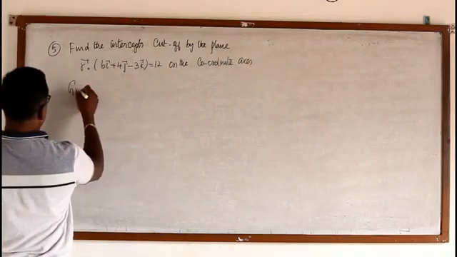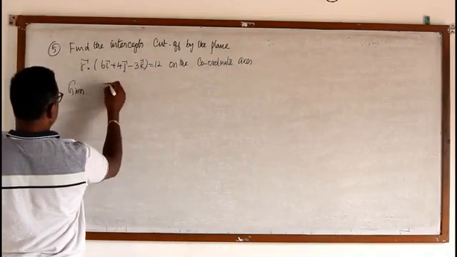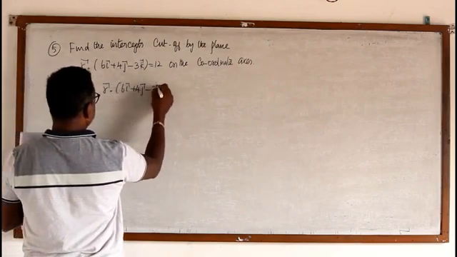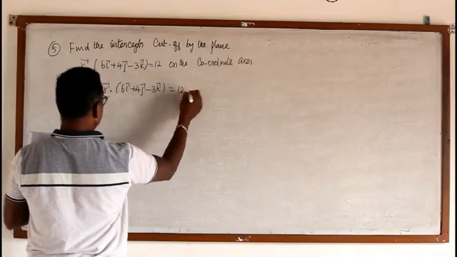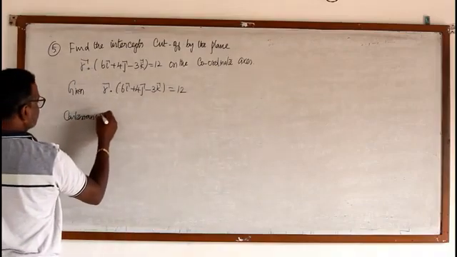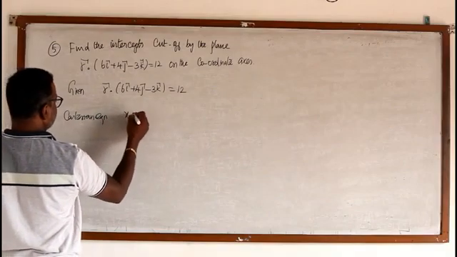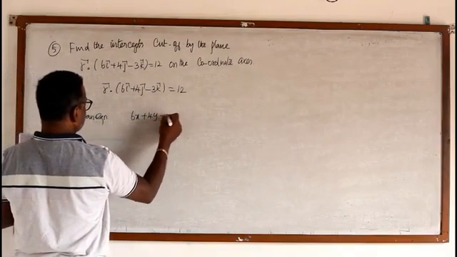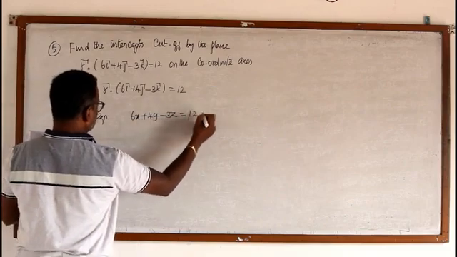So given this, I need the intercepts. So r dot 6i plus 4j minus 3k equal to 12. Then the Cartesian equation, shall we write straightly, is 6x plus 4y minus 3z equal to 12.